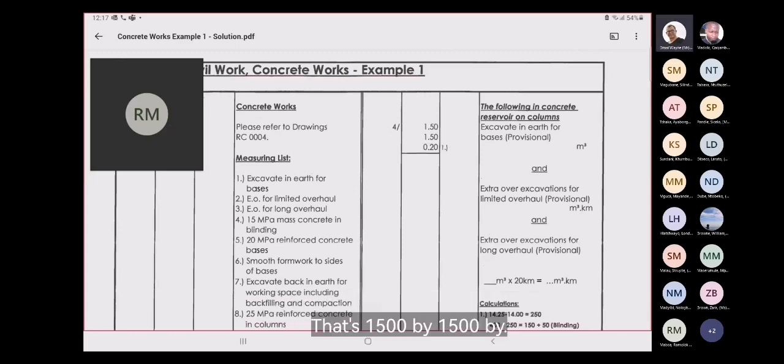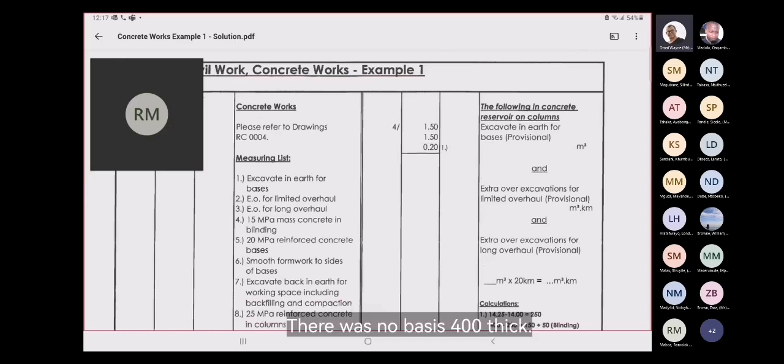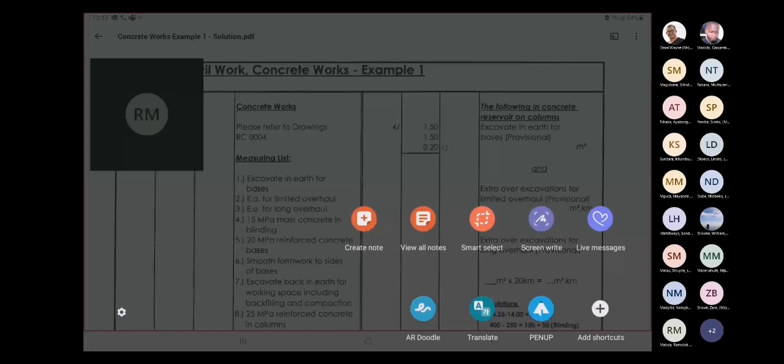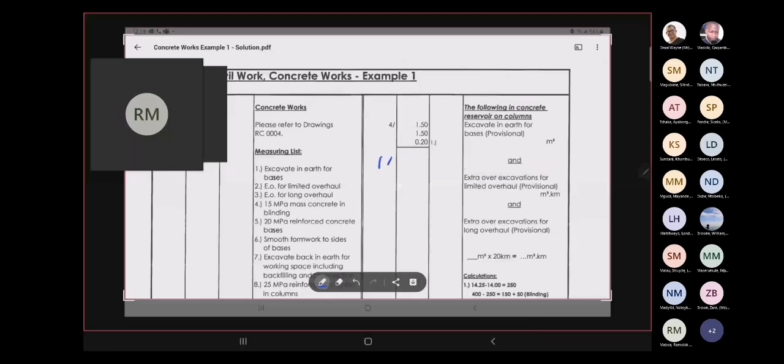That's 1500 by 1500 by 0.2. Is that correct? When my drawing tells me that my base is 400 thick, but when I look at my levels given to me, at 14.25, that is the top of my base.